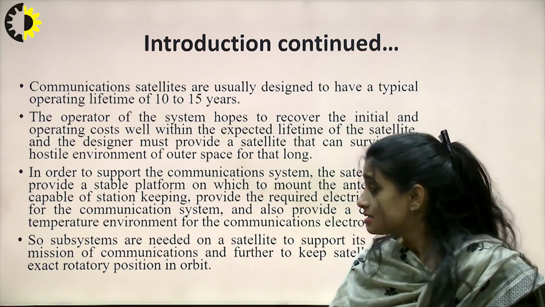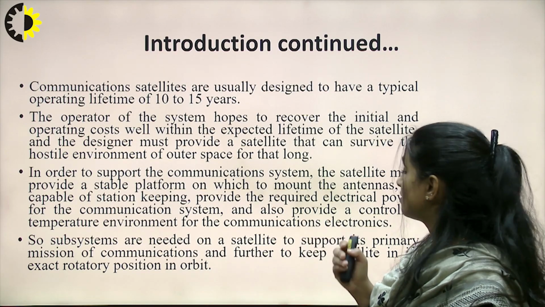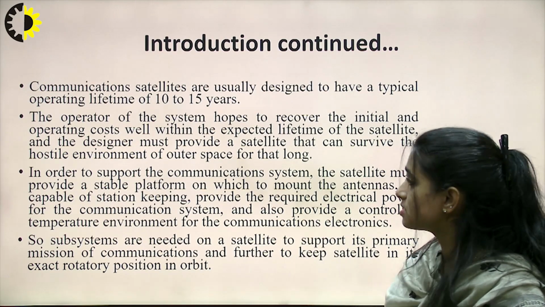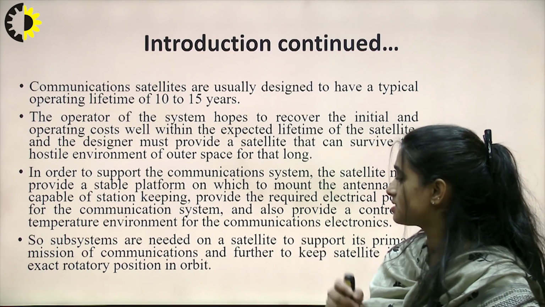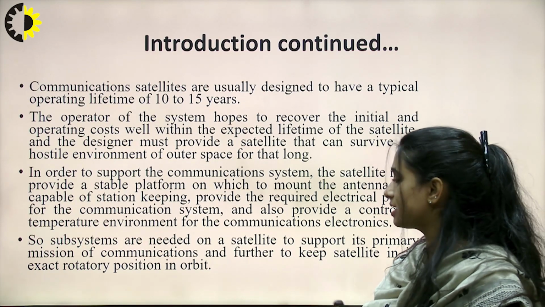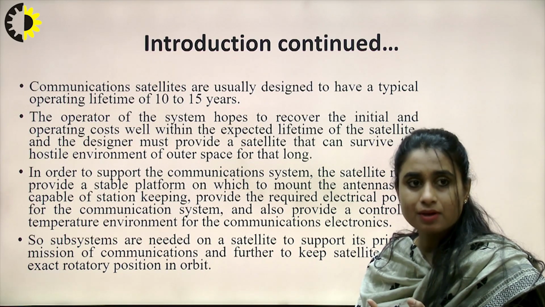Now the next thing is, in order to support the communication system, the satellite must provide a stable platform on which to mount the antennas, be capable of station keeping, and provide the required electrical power for the communication system. That is a fixed platform, right?